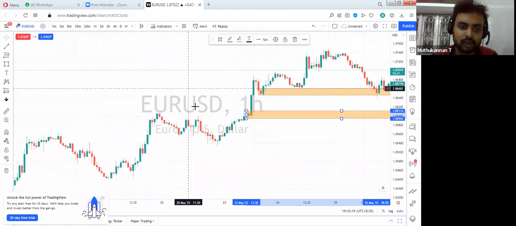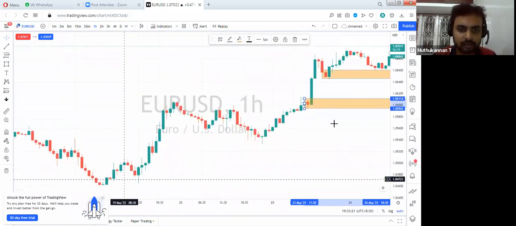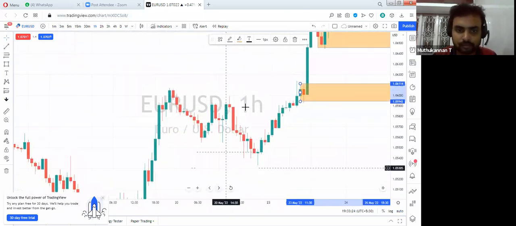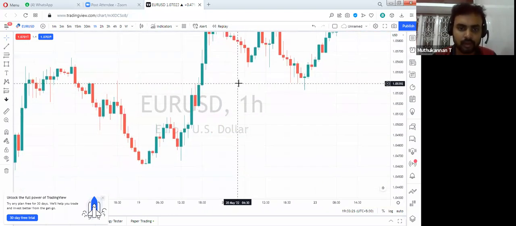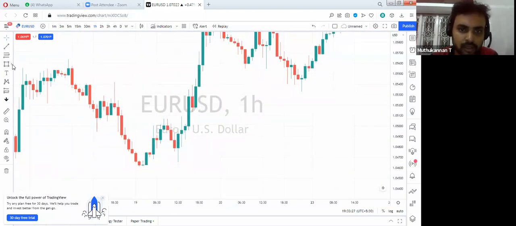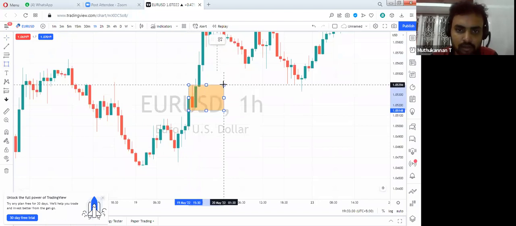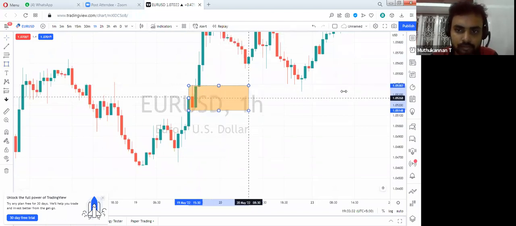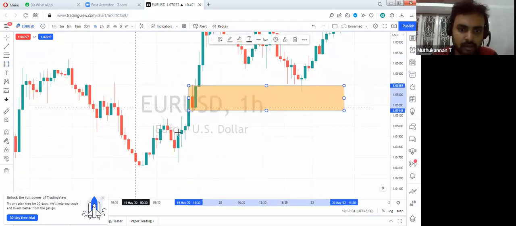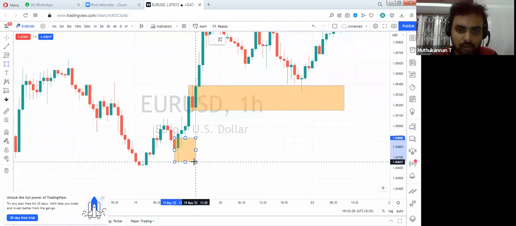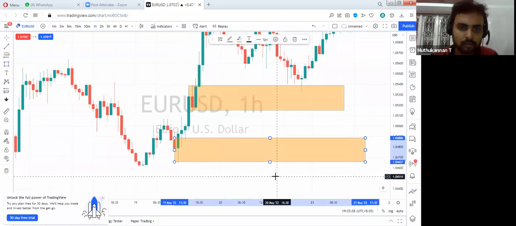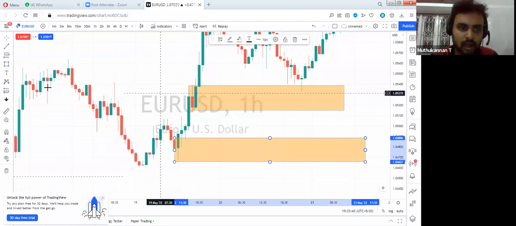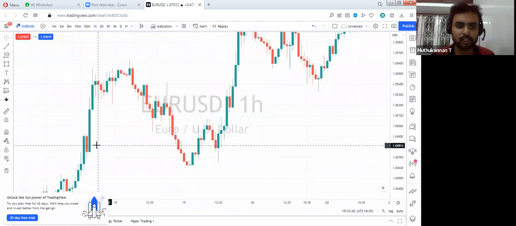Okay. This is my bullish order block. The last bearish candle before the impulsive up move.